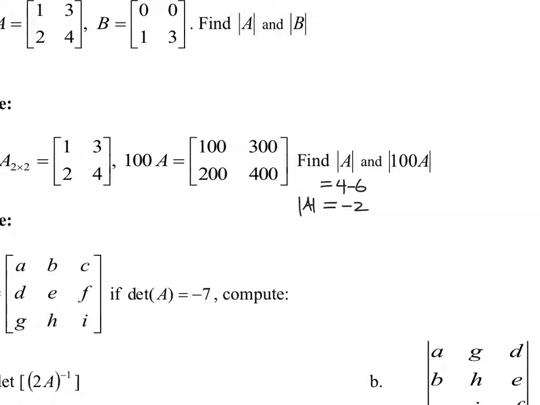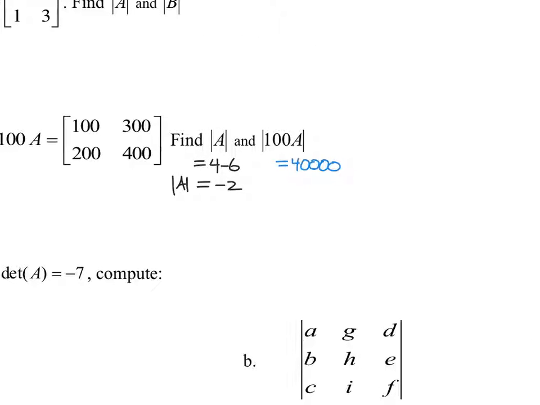Now, for matrix 100A, that's what we would get if we multiplied every entry by 100. There's a couple of ways you can do it. One way would be to just do diagonal down minus diagonal up, which is what I'll do right now, and then I'll show you the other way of handling it. So we're doing 40,000 minus 60,000.